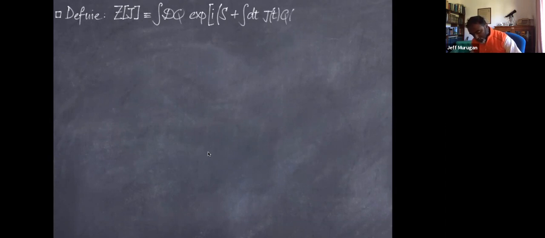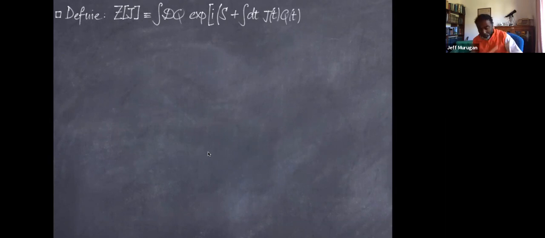I'm going to define a quantity I'm going to call Z, which is a functional of the source function J, defined to be the path integral over Q of e to the iS, the action, plus a source term, which is an integral over t of J(t) Q(t).